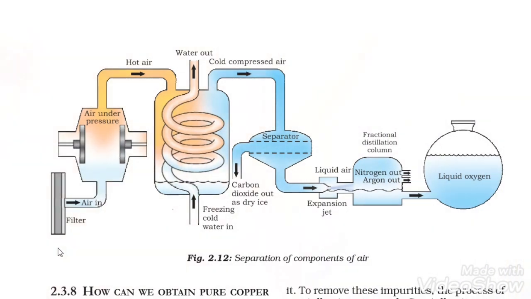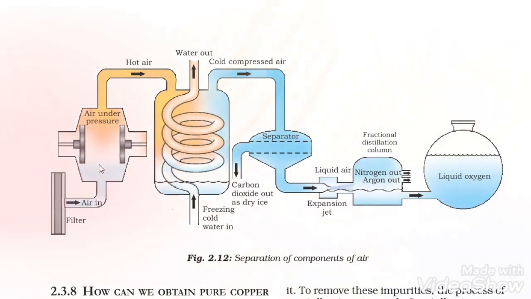First of all, air is passed through a filter where the solid impurities present in air are separated. Then air is put under pressure. Here is the apparatus to compress air. Due to compression, the air becomes heated.